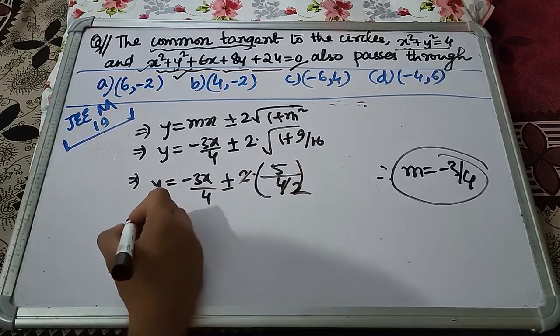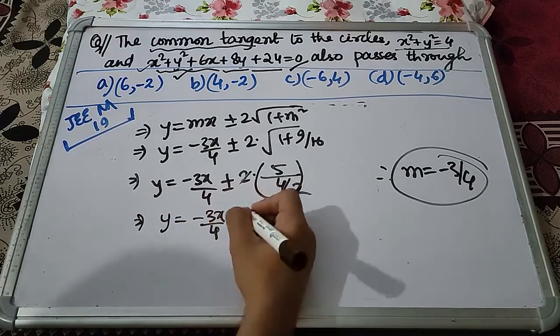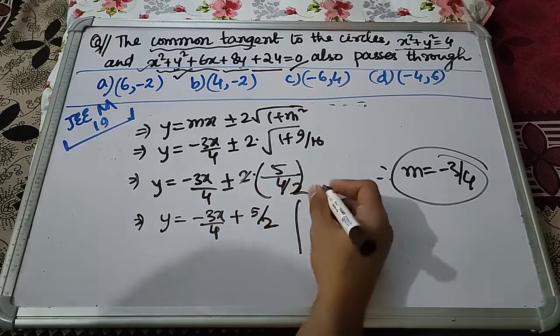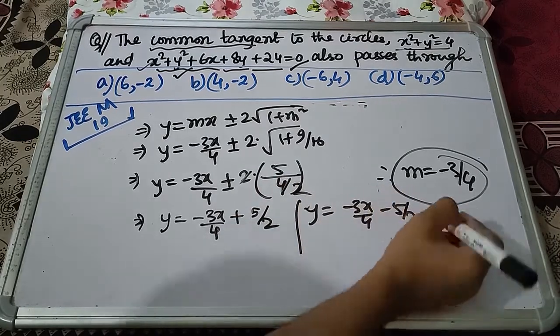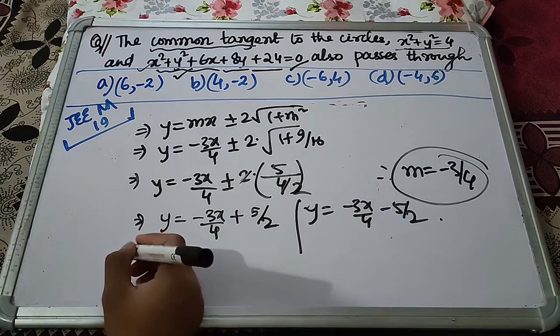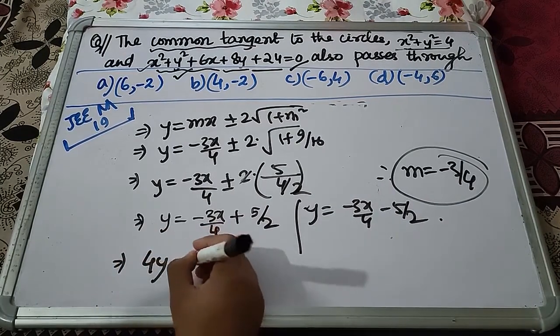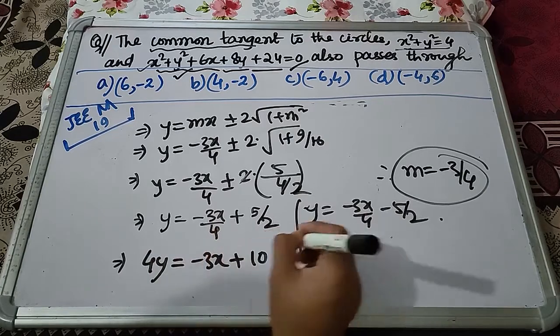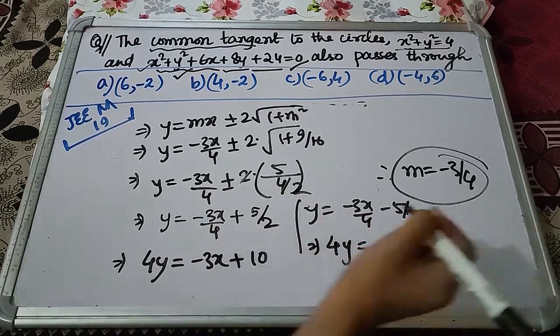So this is y equals minus 3x by 4 plus 5 by 2, or y equals minus 3x by 4 minus 5 by 2. So this becomes 4y equals minus 3x plus 10, or 4y equals minus 3x minus 10.